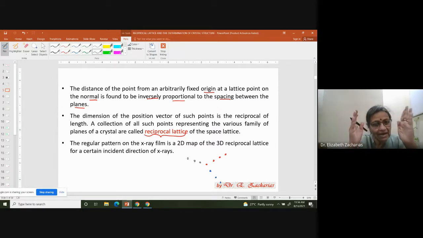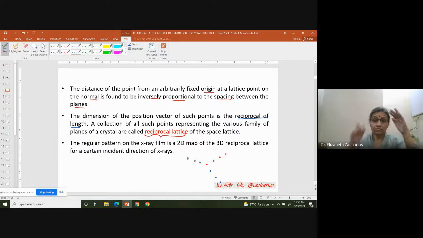What is the real lattice? The real lattice is called the space lattice. There the distances are in nanometers. But in the reciprocal lattice, you are no longer talking in terms of distance, you are talking of the reciprocal of distance. So the dimension also will be the reciprocal of length.